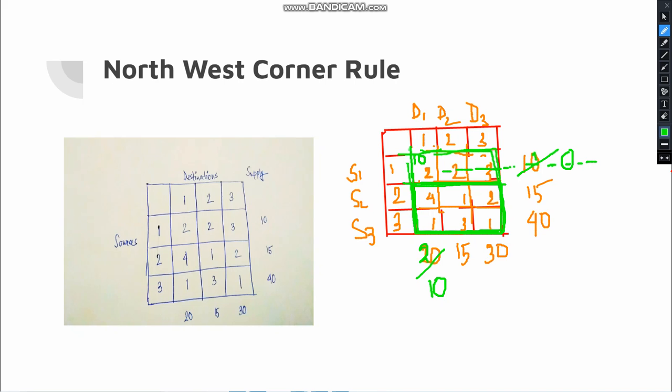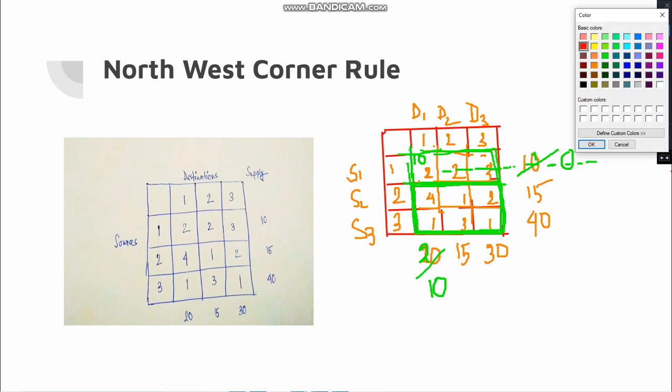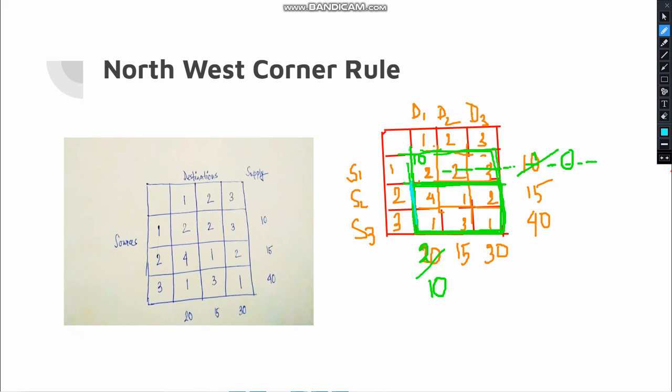Now let us do it with a different color, I hope it will help you to understand. This is the point I am trying to make. This is the matrix. For this matrix, this is the northwest corner. We can see that there is a demand of 10 and a supply of 15.